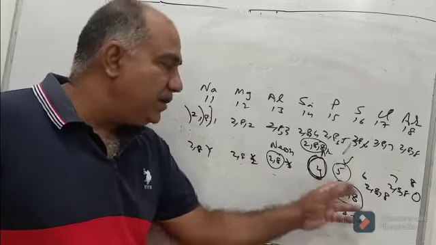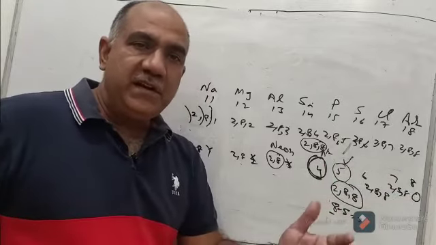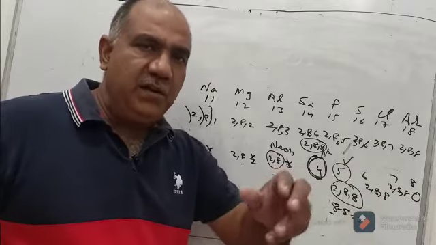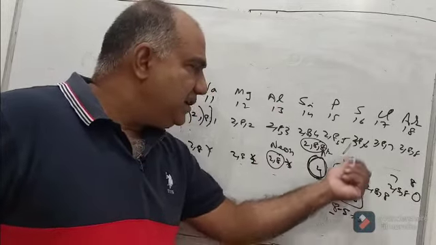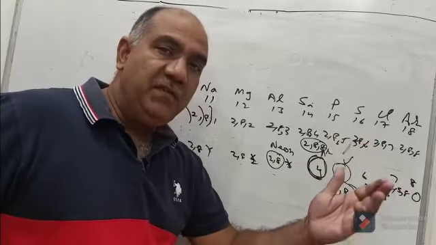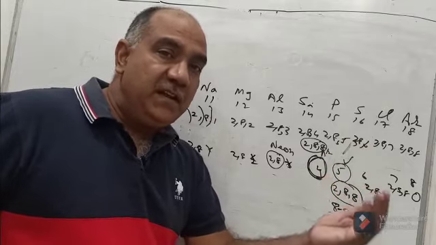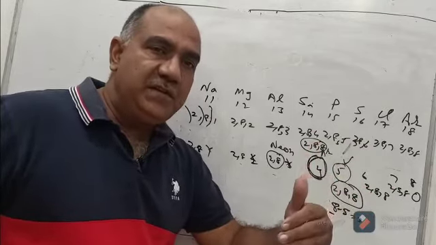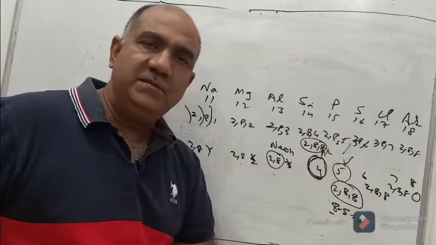If you want to find out, in case of non-metals, these are non-metals, you want to find out valency, you need to subtract number of valence electrons from 8, and which definitely, according to definition, is fitting into the definition, because the definition here says number of electrons that one atom of an element is required to gain in order to complete its duplet or octet, and thereby achieving nearest noble gas configuration, it becomes stable.